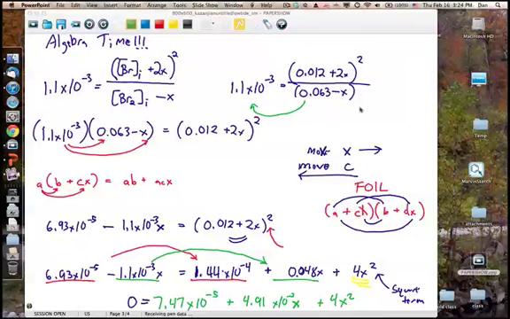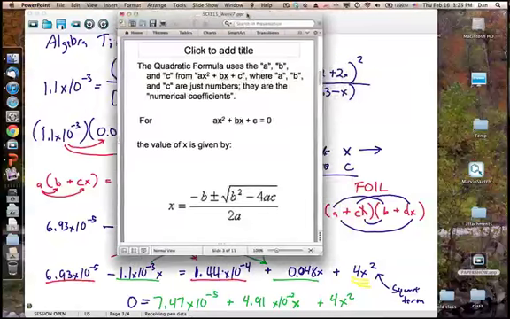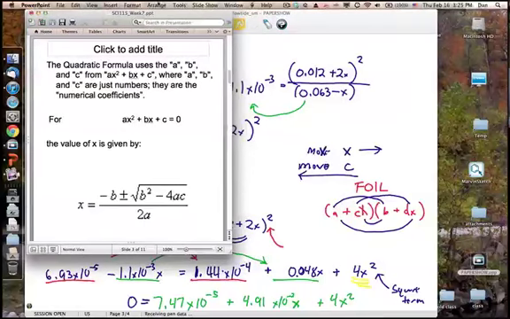Now, the reason we do this is that it's a quadratic. There's no easy way to solve this except to use the quadratic equation. The quadratic equation is the following. Given a polynomial that has the form ax squared plus bx plus c, regardless of what they are, we can rearrange and solve for x using the following formula: x is equal to negative b plus or minus the square root of b squared minus 4ac, divided by 2a.